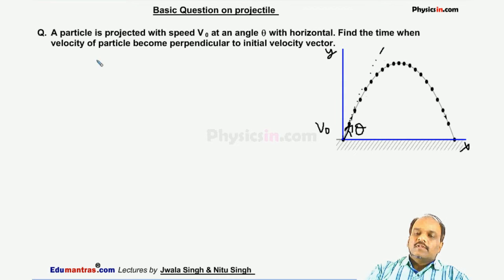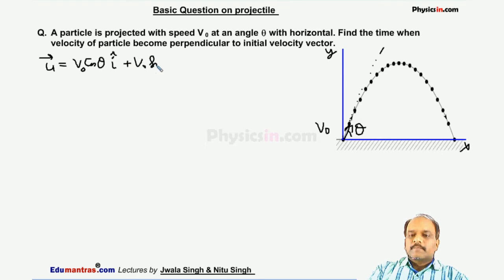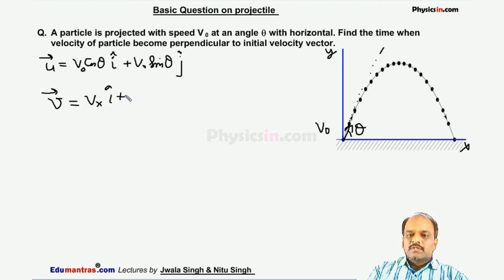I can say initial velocity of the particle is equal to V0 cos theta i cap plus V0 sin theta j cap. Velocity at any instant is Vx i cap plus Vy j cap.